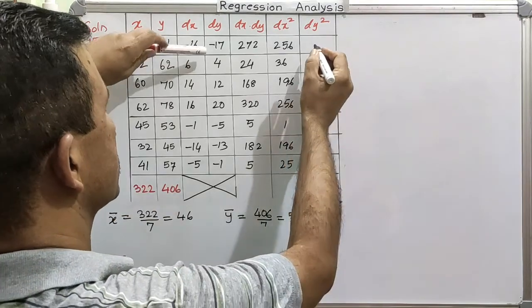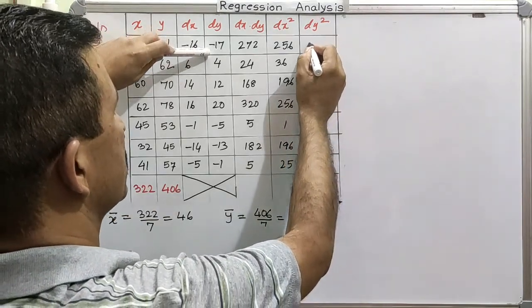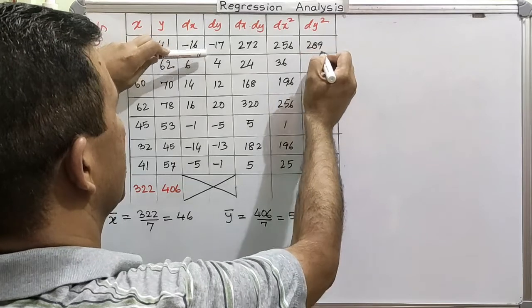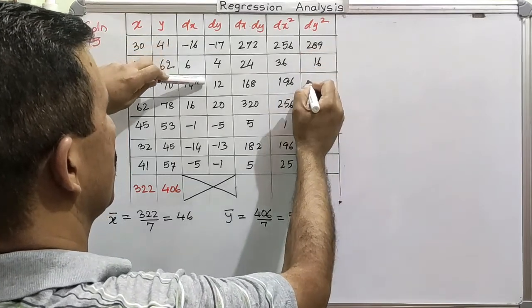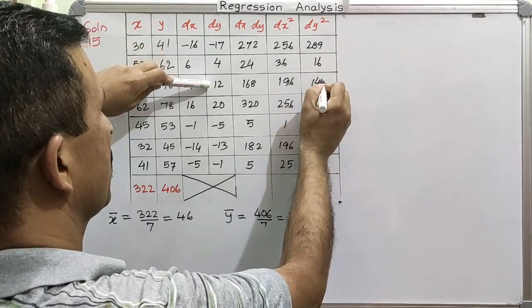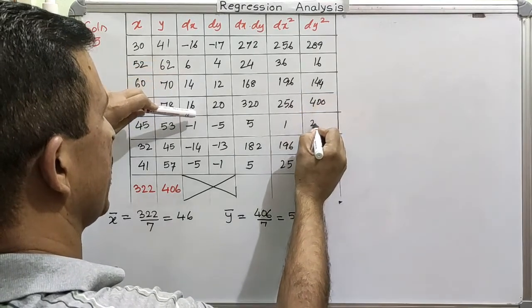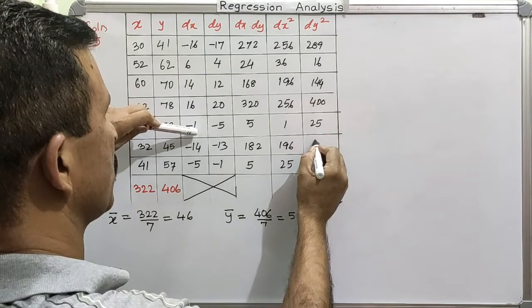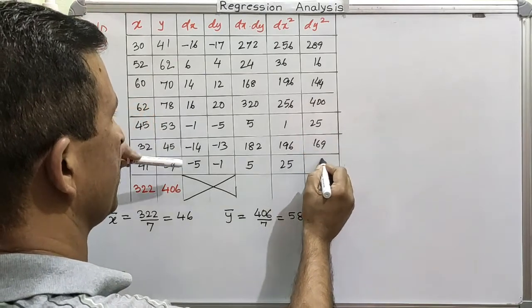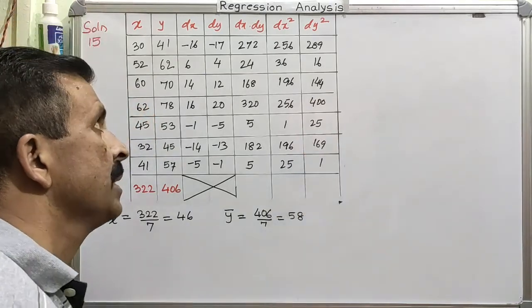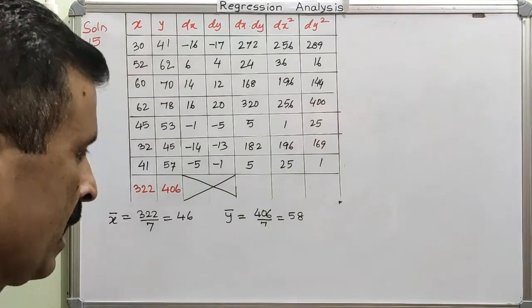Clear? Now square of dy: 289, 16, 144, this is 400, this is 25, this is 169, and this is 1. So we got all the results.